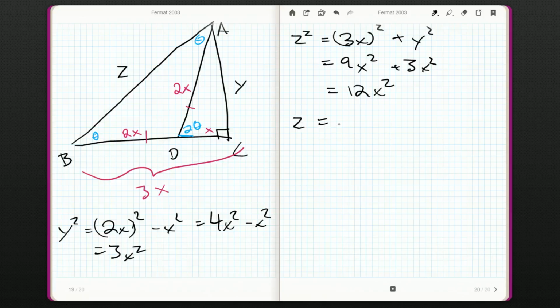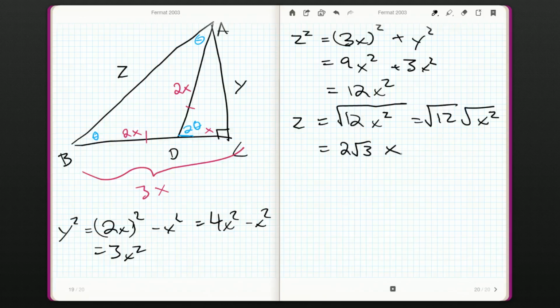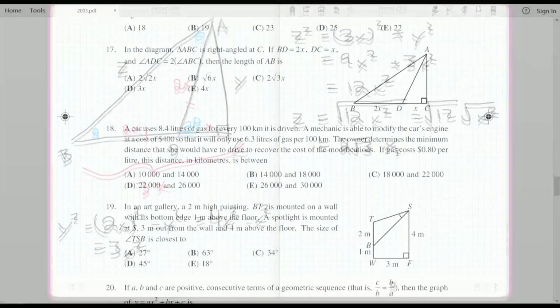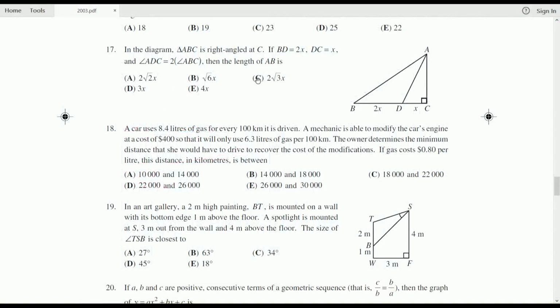So now z is the square root of 12x squared. Square roots distribute over multiplication. So we get square root of 12, which is 2 root 3, times x. So that should be our hypotenuse here. And there we go, that would be AB.